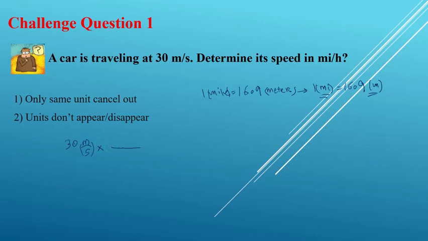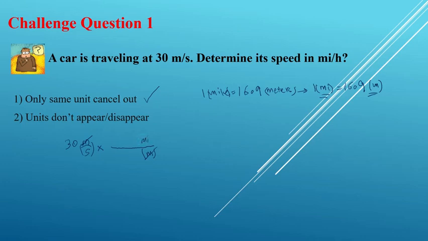So let me draw my fraction line. Something should be in the numerator and denominator, right? How can I write it? Let's look at the first rule: only same units cancel out. In order to cancel, one should be in the numerator and the other in the denominator, right? So if I put meters in the denominator, then meters will cancel with meters on top.